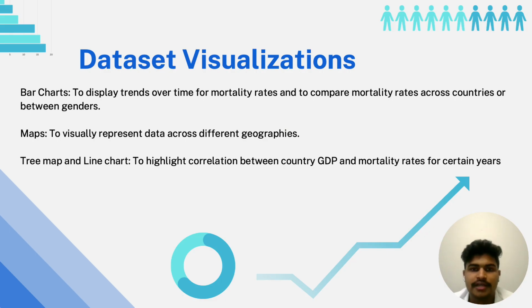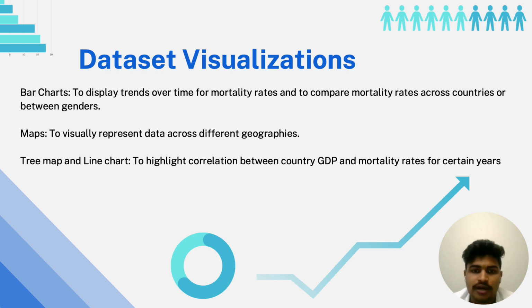Turning to our data set visualizations, we employed various graphical tools to distill complex data into clear, accessible formats. Bar charts are utilized to illustrate trends over time in mortality rates, offering a straightforward comparison between different countries and genders. Maps provided a geographical perspective, making regional differences immediately apparent and easy to grasp.